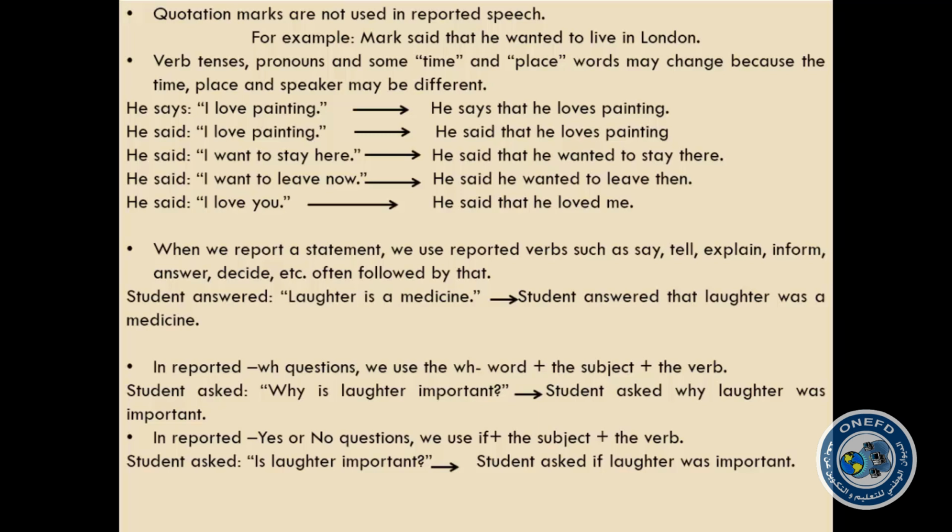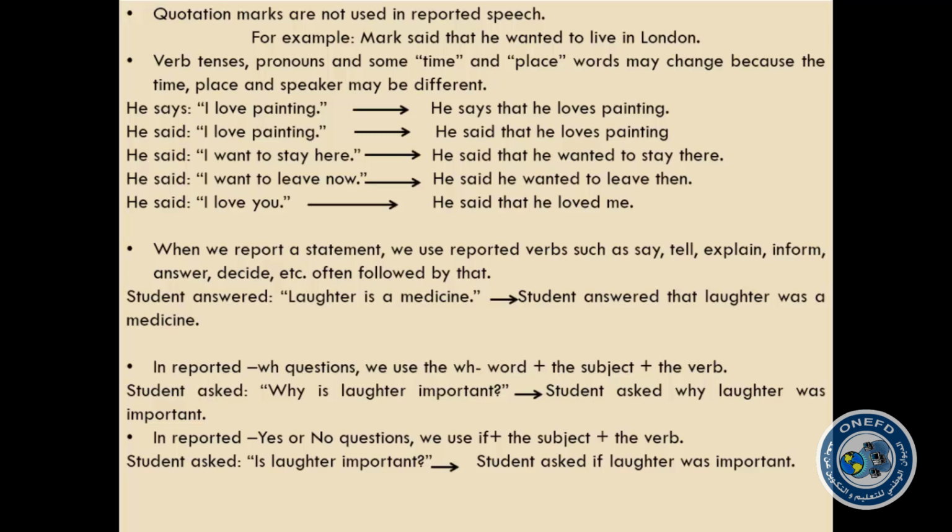When we report questions, we use this form: the WH word or WH question, for example why, what, when, where, etc., plus the subject plus the verb. You have an example: student asked. It is a question, so we do not say student said.